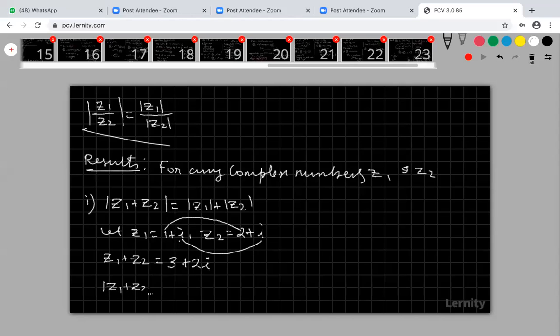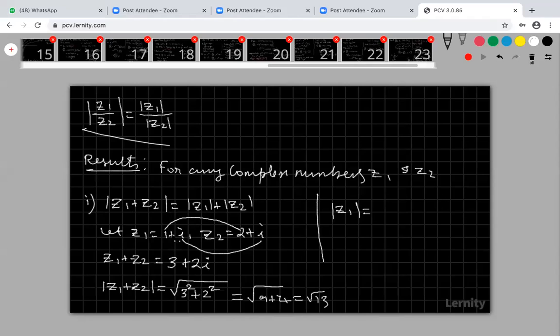Then find the magnitude. Magnitude means modulus. The modulus is the square root of real part square plus imaginary part square. So the answer is 9 plus 4, that is root 13. So my left hand side is root 13. Come to the right hand side. What is the magnitude of Z1?